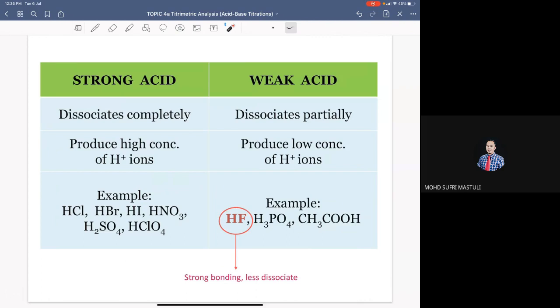A strong acid dissociates completely, producing a high concentration of hydrogen ions. Meanwhile, a weak acid dissociates partially, producing a low concentration of proton ions. Examples of weak acid are acetic acid and phosphoric acid.